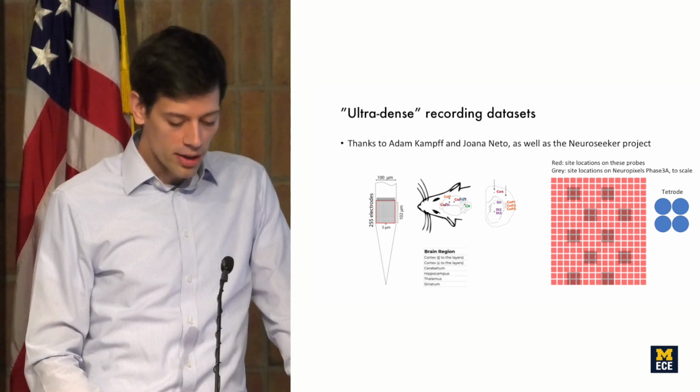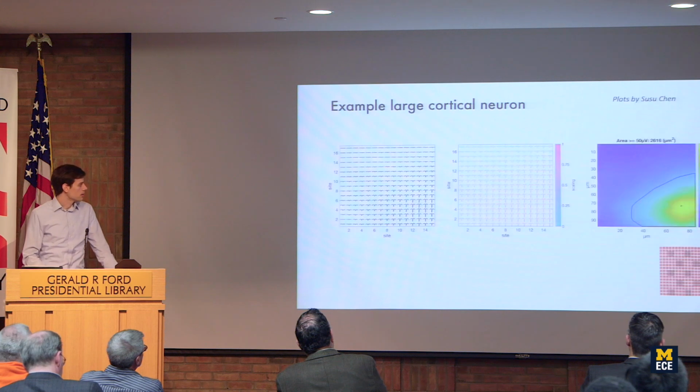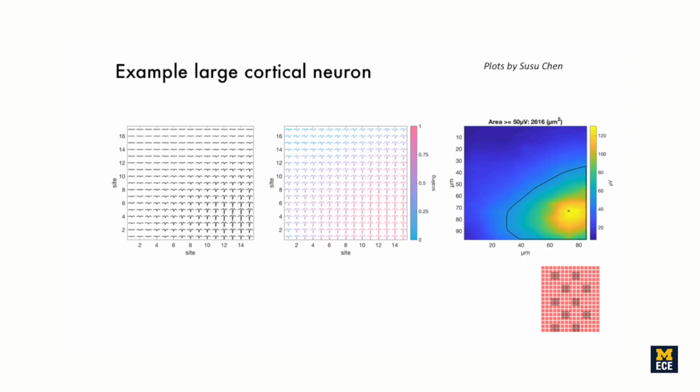So what kinds of waveforms are observed across the brain? So here's an example. I have a couple of different representations of the same waveform here. On the left is just the mean waveform of this neuron as it was observed on many different recording sites.